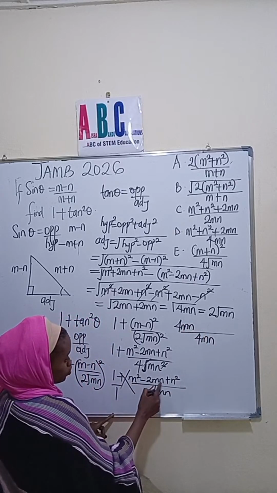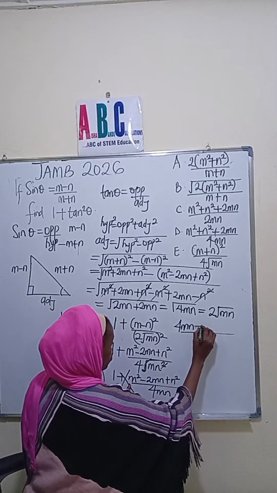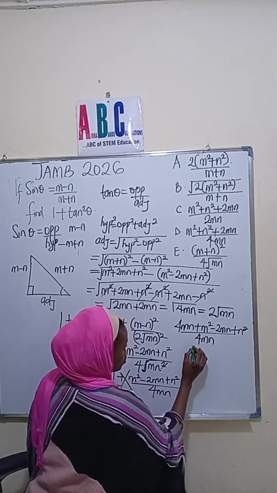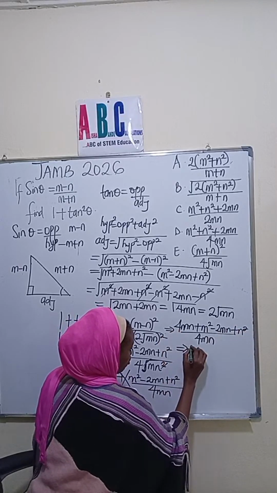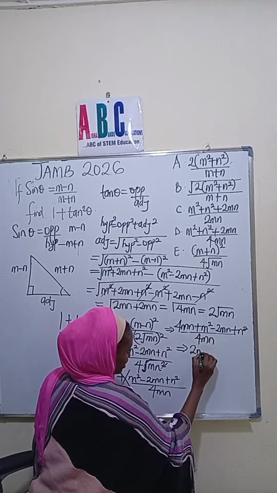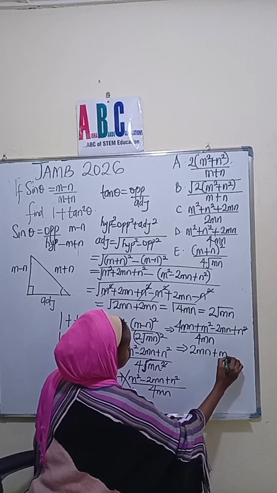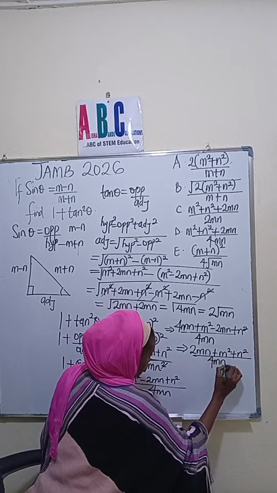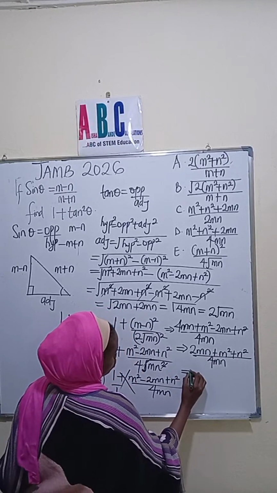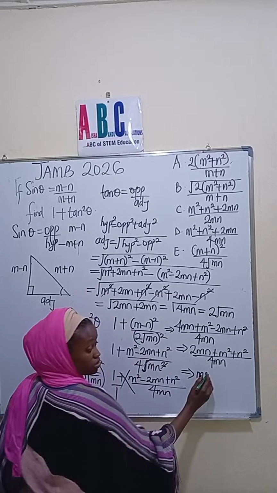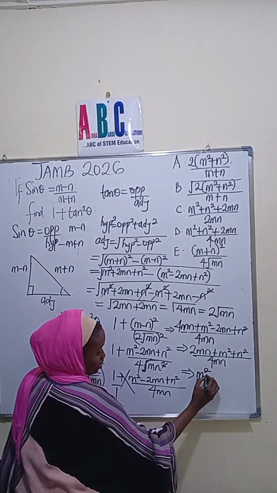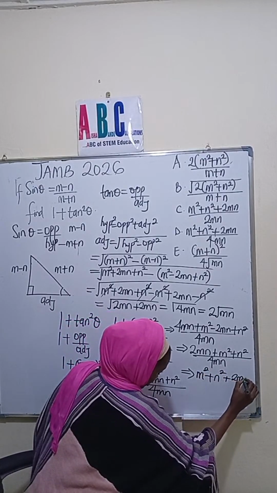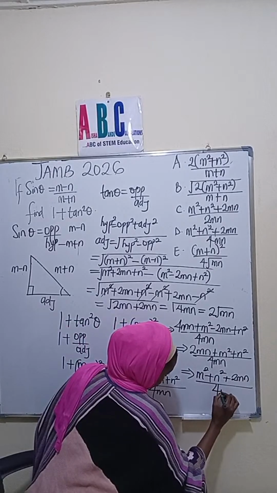Then m squared minus 2mn plus n squared times 1 will still be plus m squared minus 2mn plus n squared. So this is equal to 4mn minus 2mn is 2mn, then plus m squared plus n squared over 4mn. So if you rearrange, this now becomes m squared plus n squared plus 2mn over 4mn.